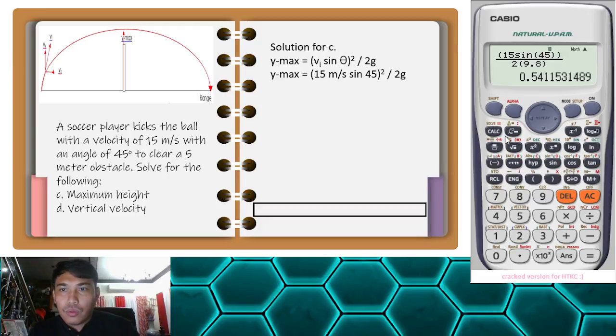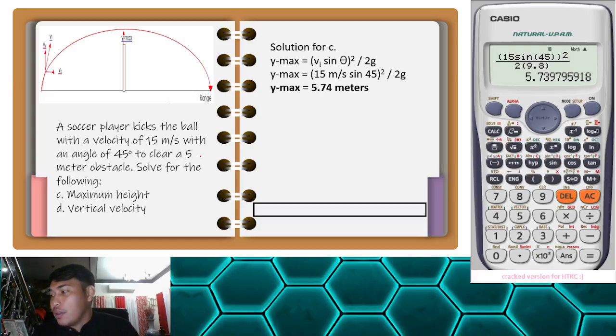So guys, this is a common problem, that we forgot the square. We will arrive at the answer of 5.74. Definitely it is 5.74 meters.